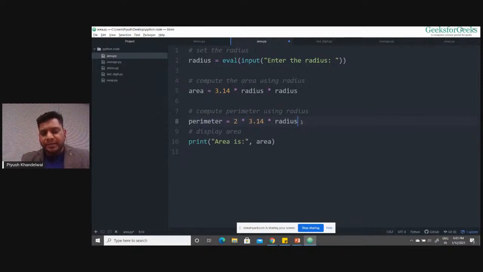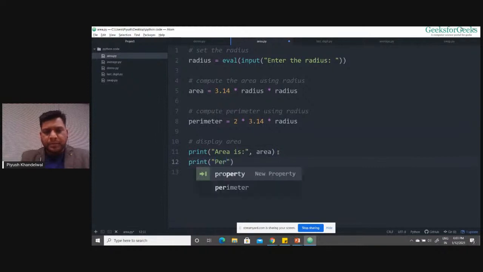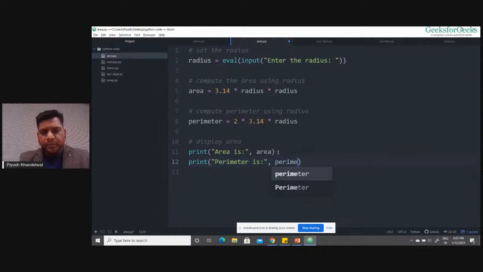Now I need to print this. So let me print over here. I use the print statement, print perimeter. Perimeter is also called circumference, right? So I printed this.